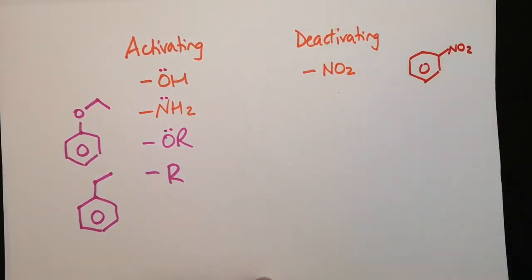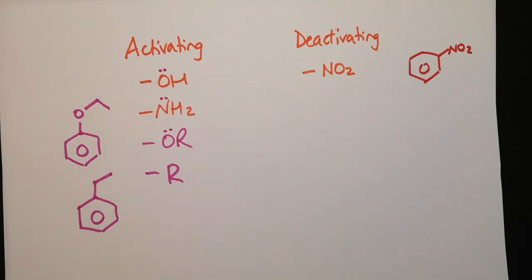Something like this. They are less likely to react through electrophilic substitution than benzene would be itself. So you really have to push these in order to add something else to that ring. So you'd need to use a halogen carrier, you'd need to use really extreme conditions, something to force the reaction to happen. So it's making it less reactive.